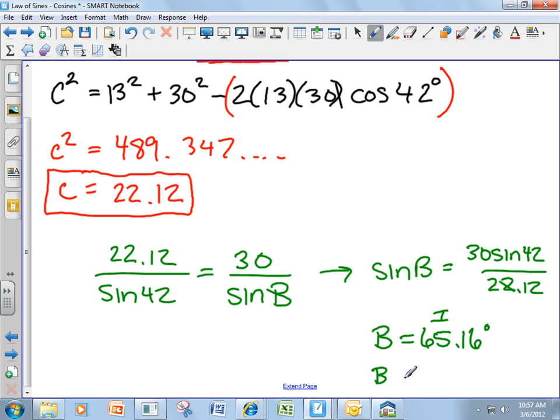What about angle B for quadrant 2? And since you were doing this with sine, you have to consider that second possibility. If you do the quadrant 2 angle, you're going to get 114.84.